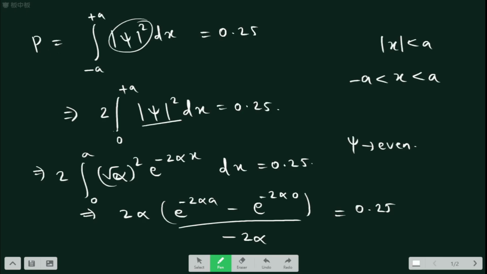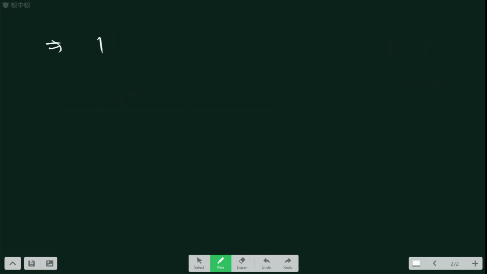This implies 2 alpha gets cancelled. When you take the minus sign inside, then we will get 1 minus e raised to minus 2 alpha a. This is equal to 1 by 4. 0.25 can be written as 1 by 4.